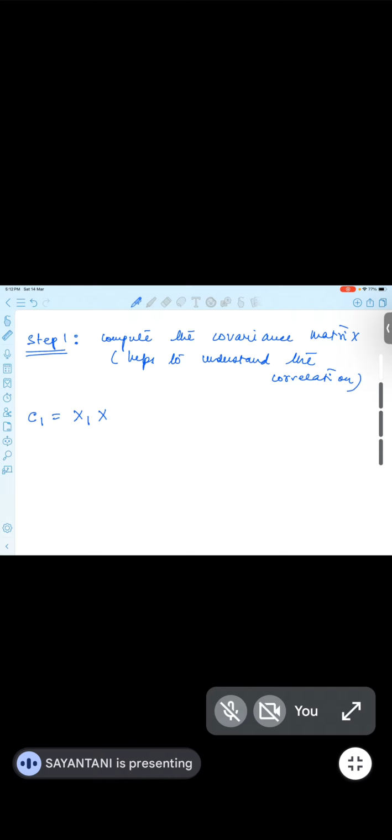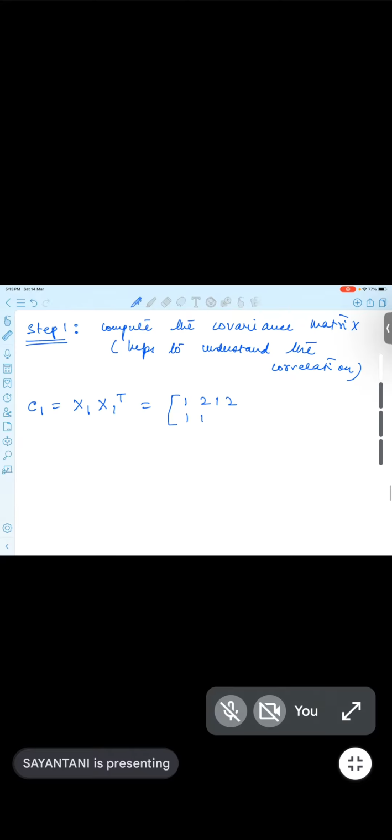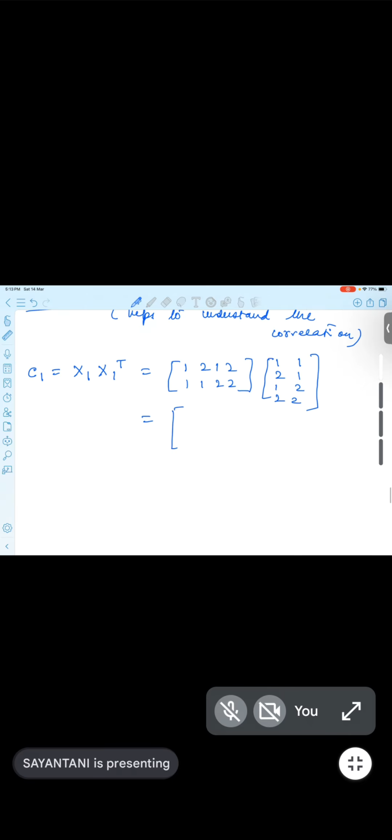The formula is X1, X1 transpose. So this was the main matrix. You take the transpose of this. If you multiply these two, you get an output. This is your final covariance matrix for X1.